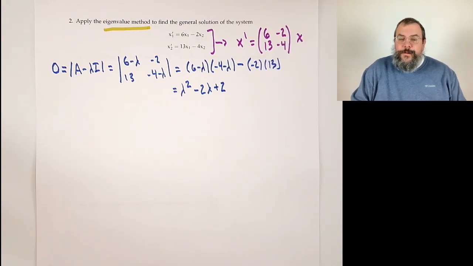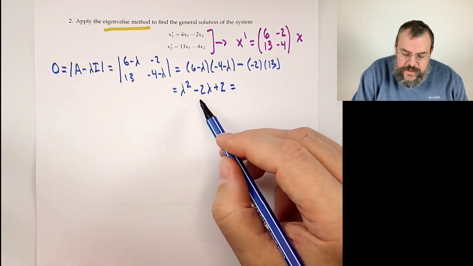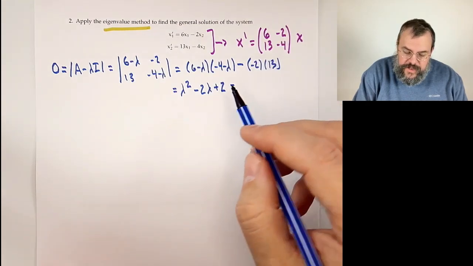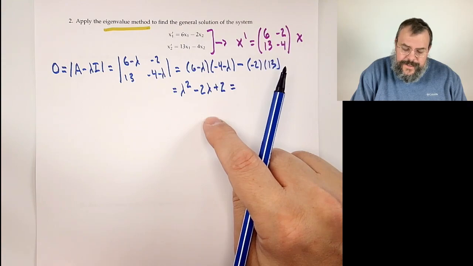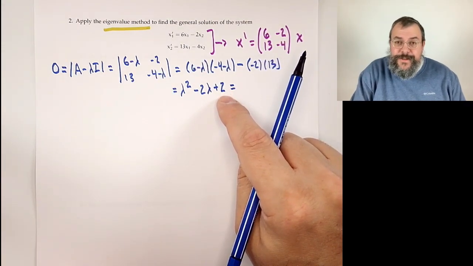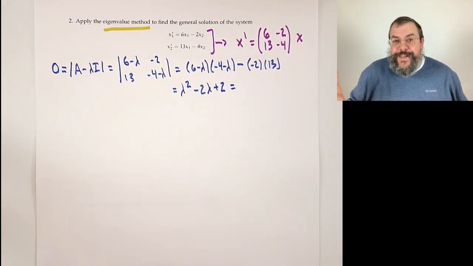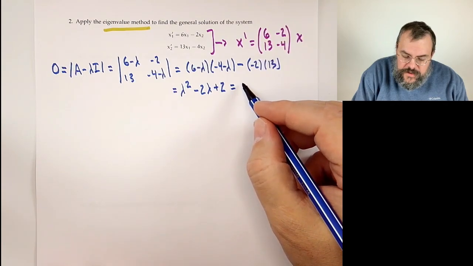Well, we've got to figure out what the eigenvalues are. If you look at this, lambda squared minus 2 lambda plus 2, it's not so clear how to factor that, because there's not a lot of options here. There's not a lot of things you can do with 2. It's 1 times 2. Okay, great. But what you can do is complete the square.